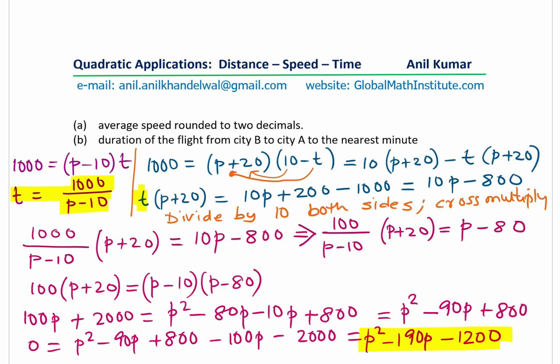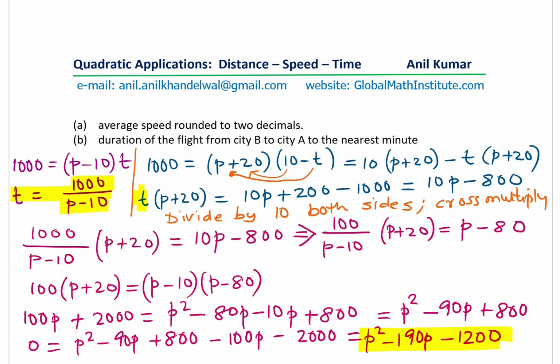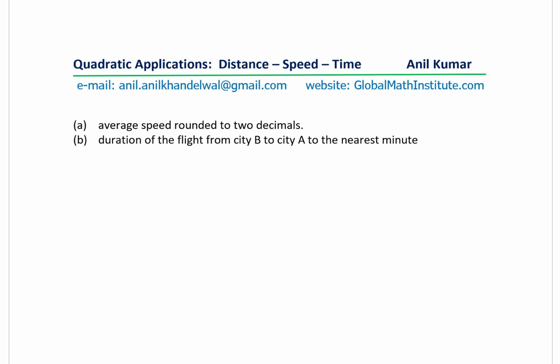So, as a reminder, the question was: determine the quadratic equation to calculate this plane's average speed, right? That is what we have just calculated, which is p square minus 190p minus 1200 equals 0. Is that clear to you? So let's take it on a fresh page and do further calculations on this.